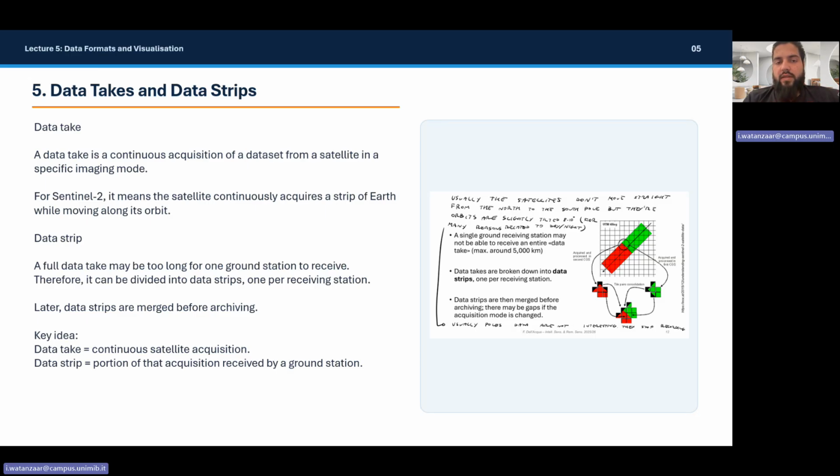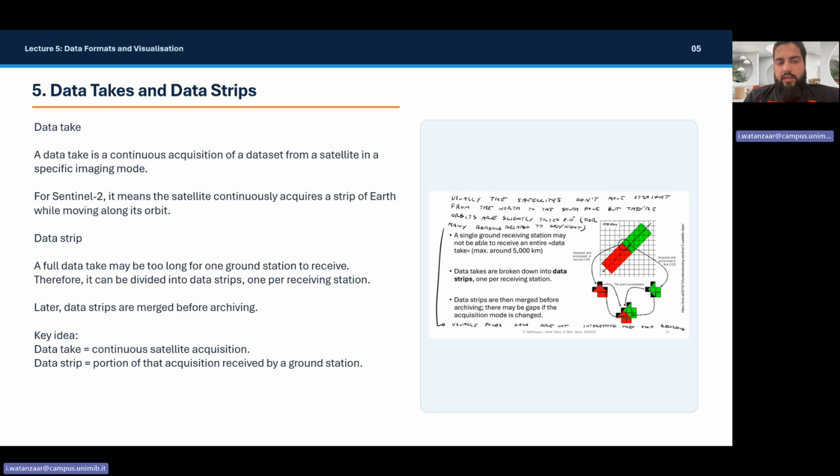Therefore, it can be divided into data stripes, one per receiving station. So they are sending this data to multiple receiving stations as the satellite becomes visible. Later, data stripes are merged before archiving. So before archiving or storing them, they are merged back together as received from multiple stations.